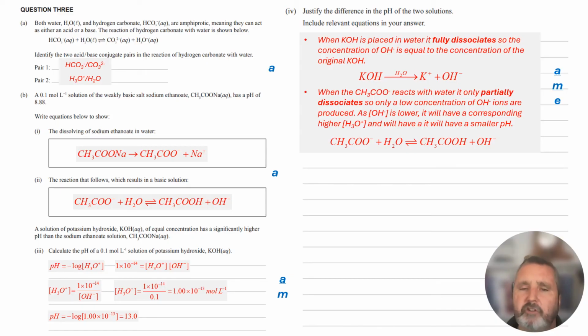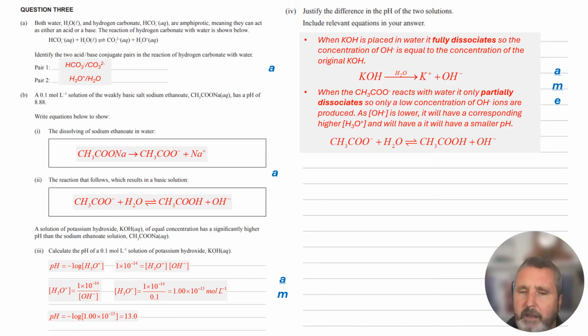If you can actually put it all together and say, look, if I have a higher concentration of OH minus, lower concentration of H3O plus, and I get a high pH. Or if I have a lower concentration of this, then my H3O plus is higher, you're going to get the excellence point. I mean, the bit where you have to relate it to the H3O plus is a bit tricky, I get that, but that's what they wanted for excellence.